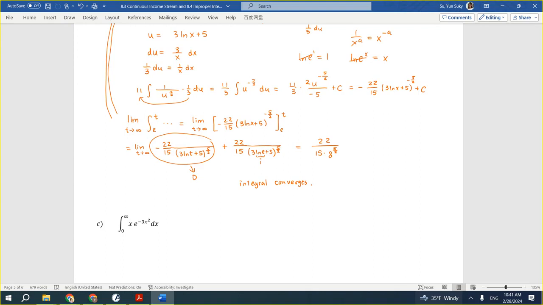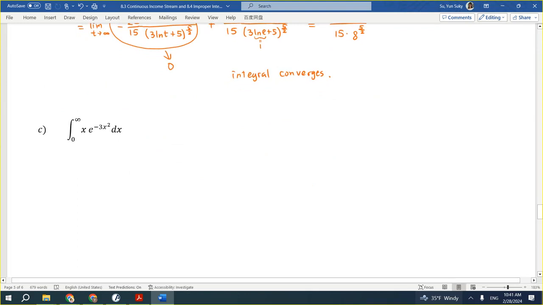Okay, so let's check our answers together. Here we use u substitution, and you let u be negative 3x squared. What is du? Negative 6x dx. Right? Two kids play on the seesaw.